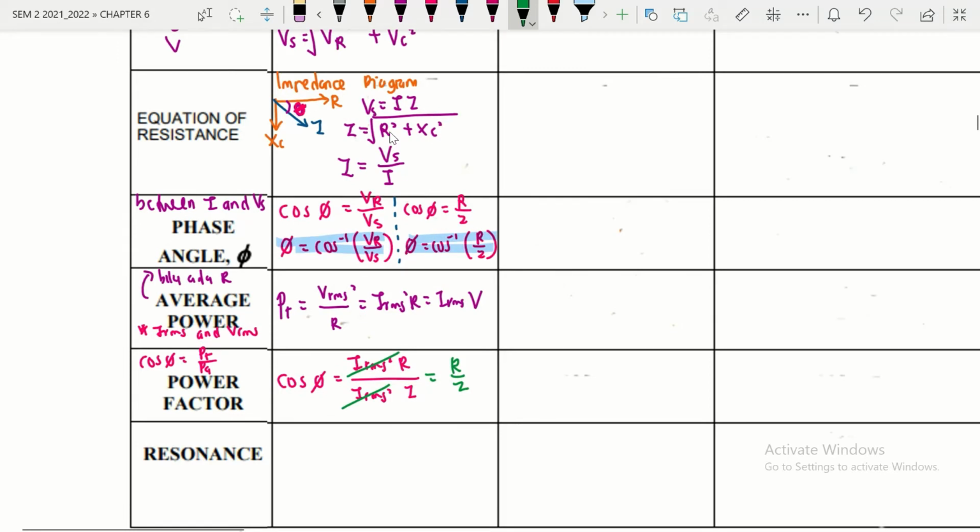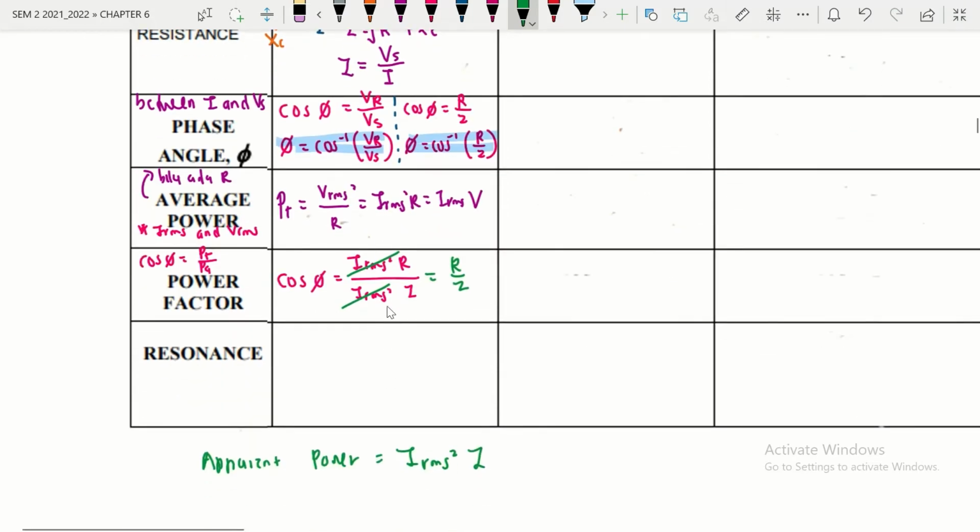Maksudnya dia adalah magnitude of the resistor tu dengan capacitive reactance. So dia macam a total lah, apparent power. So sekarang apparent power kita adalah I RMS squared Z. Dan kita tahu average power dia adalah I RMS squared R. So bila bahagi-bahagi kita boleh potong I RMS tu, so awak akan dapat you punya power factor cos phi equals to R over Z.